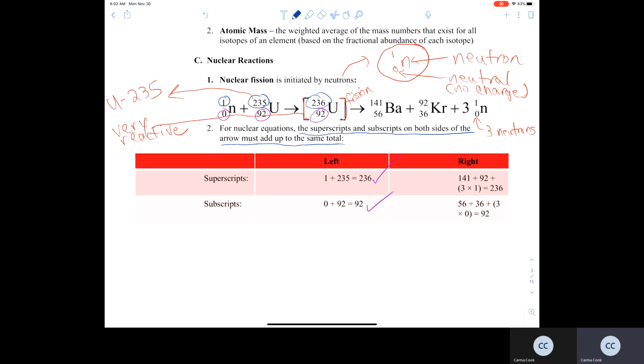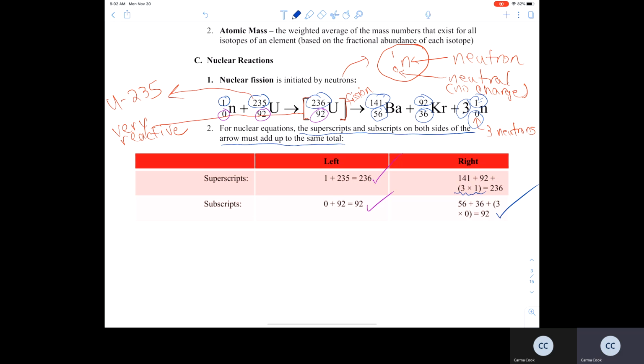And then on the far right-hand side, the subscript, you've got 56 plus 36 plus 0, which gives you 92. And then the superscripts, you've got 141 plus 92 plus 3 times 1. You've got to account for the fact you've got 3 neutrons.